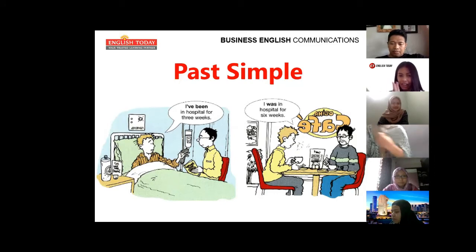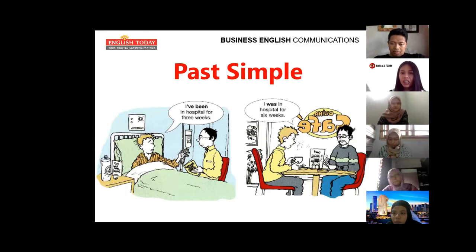So, now let's have a look at past simple first. Past simple is the picture, the image on the right. I was in hospital for 6 weeks. So when you use past simple, you talk about things or events or situations in the past. Now it's finished, it's done, it's over, not anymore.